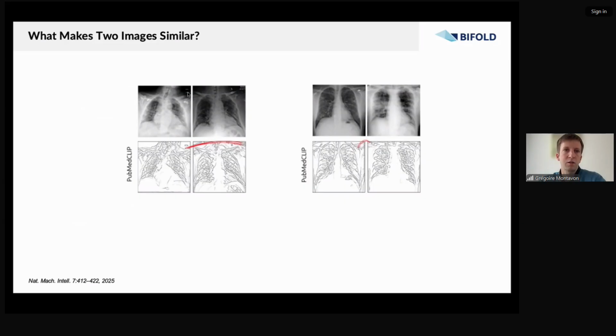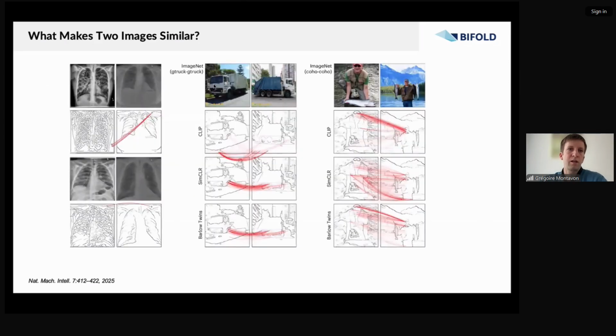But it looks actually at textual annotations. So it was a bit surprising, and we wanted to understand what is the cause of it, if this really arises during the training of PubMed CLIP, or if it is already latent in the model on which it builds. And so for that, we try to analyze a different model, and in particular CLIP.